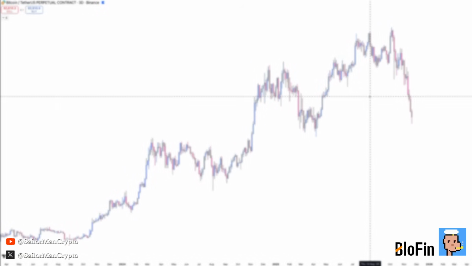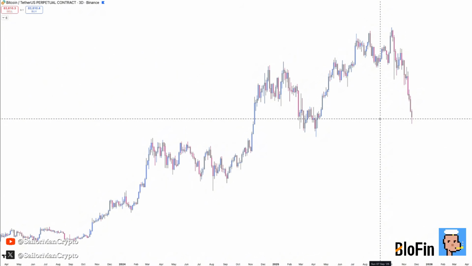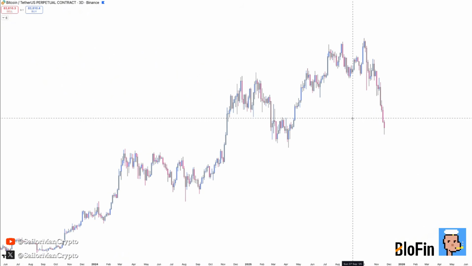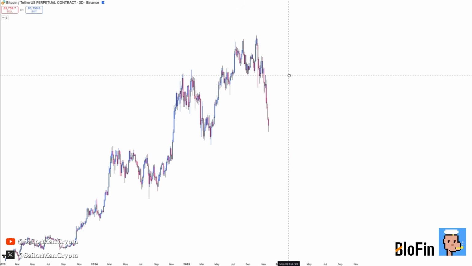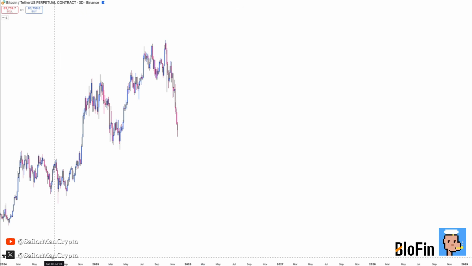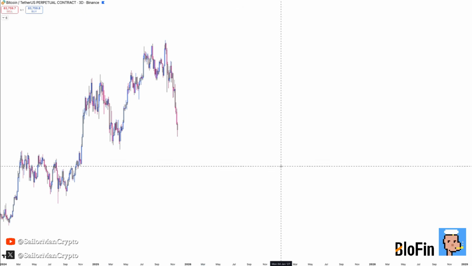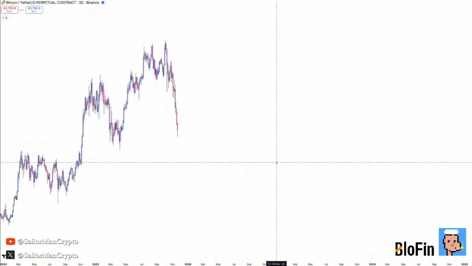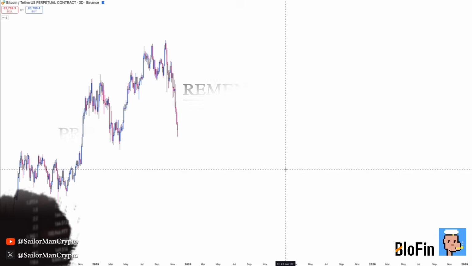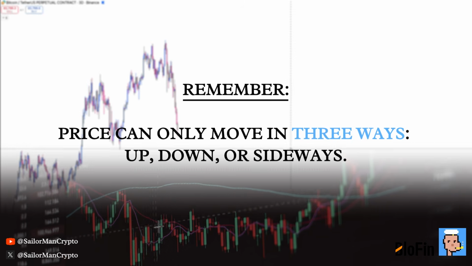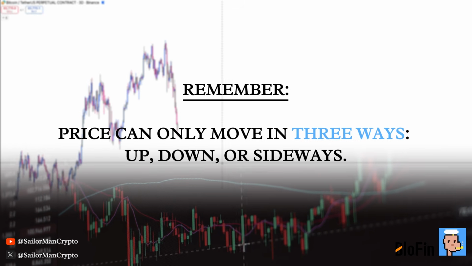But without further ado, let's check some charts and deep dive into the concept of market structure. As always, we start from the basics, and the basic of market price action theory is that price, as much as you want to complicate things, can do only three things: uptrending.